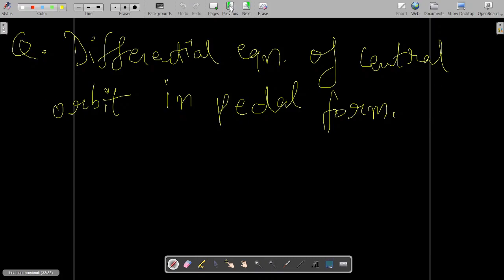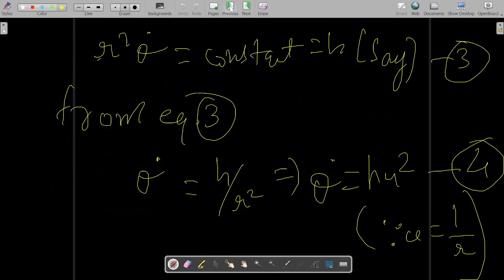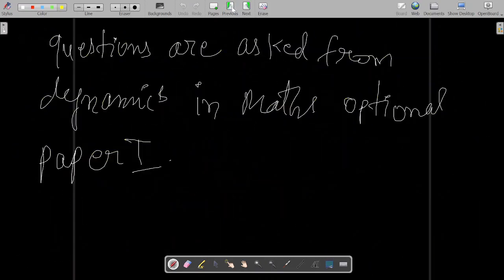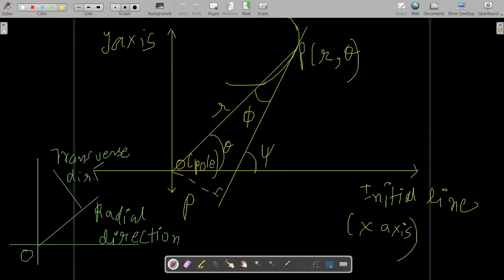You must have noticed where we have drawn. Have a look over here. This is the thing which we have drawn. This P, length of perpendicular from O, that is your pole, that is your center of force. This is your length of perpendicular from center of force on this particular tangent to this curve.